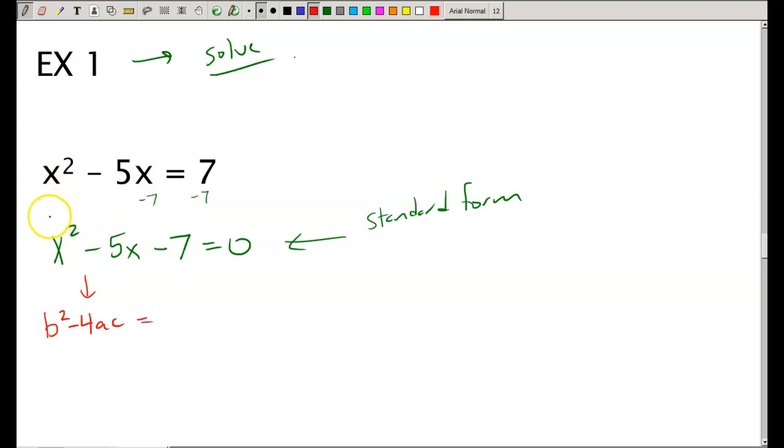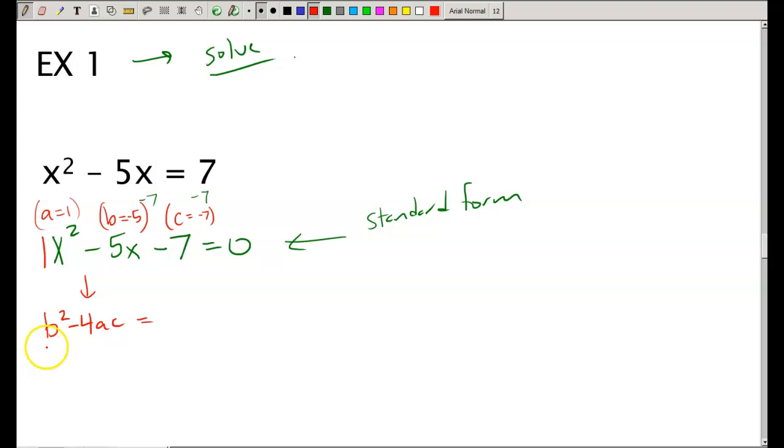It's important to realize here that the a value is 1, because it's 1x squared. The b value is negative 5. And the c value is negative 7.